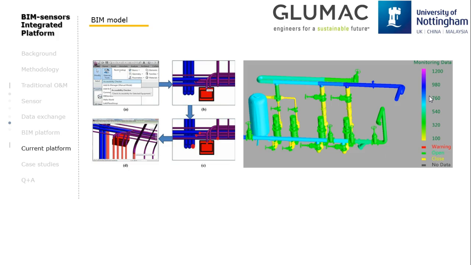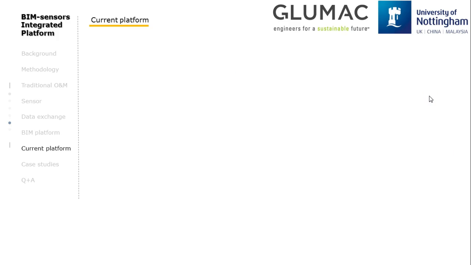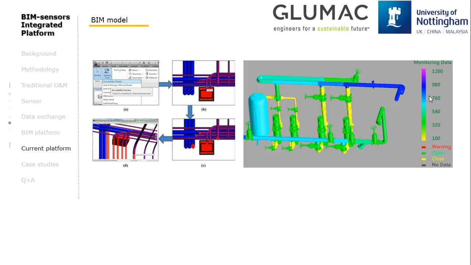We want to build this evolution of the traditional operation and maintenance system platform, which can bring three improvements. First, eliminate the information gap between the design and construction phase and the operation and maintenance phase. Second, reduce the time for information exchange and maintenance staff training. Third, open the possibility of developing a new generation of MEP maintenance technology and workflow.